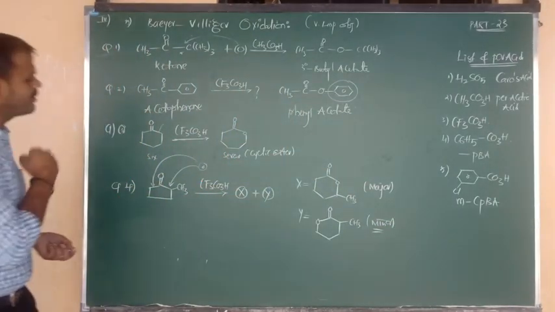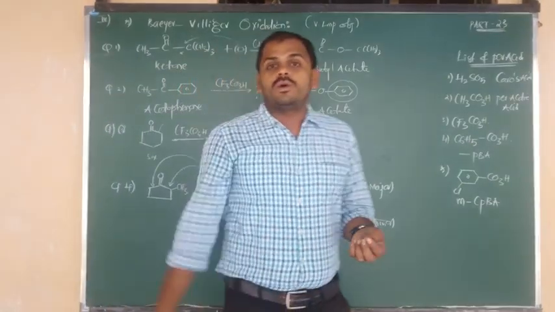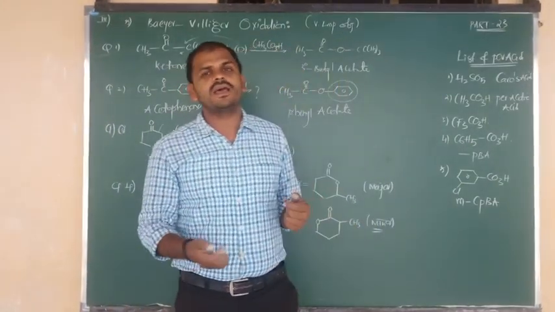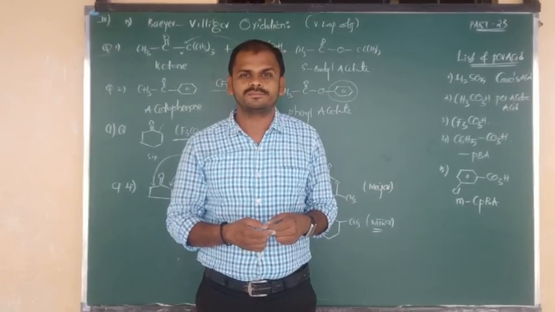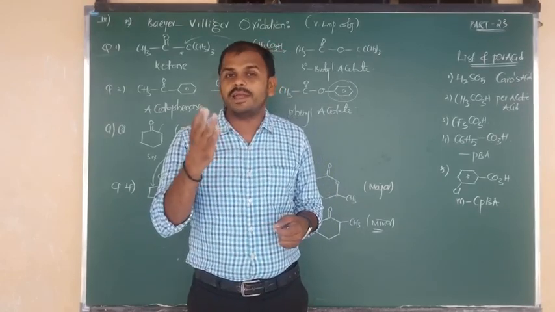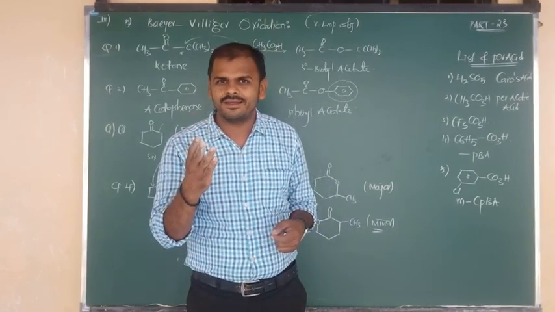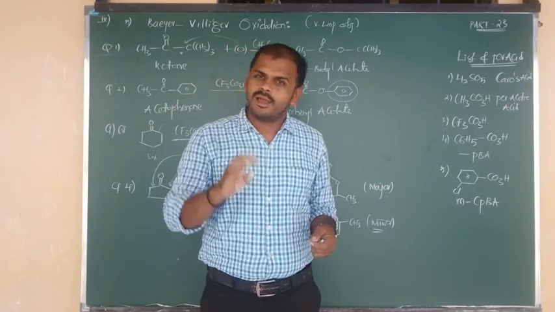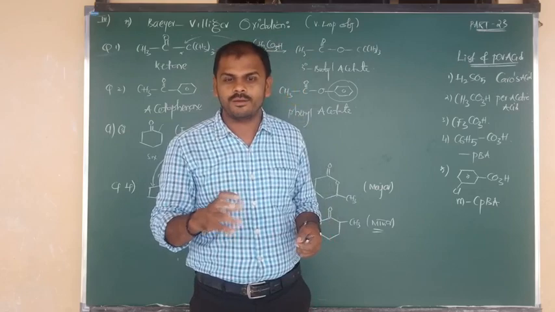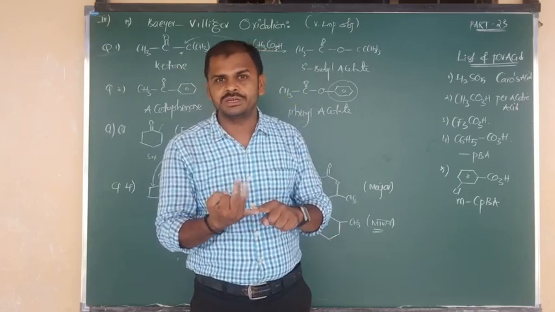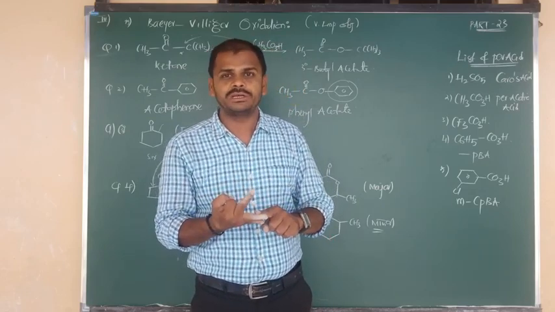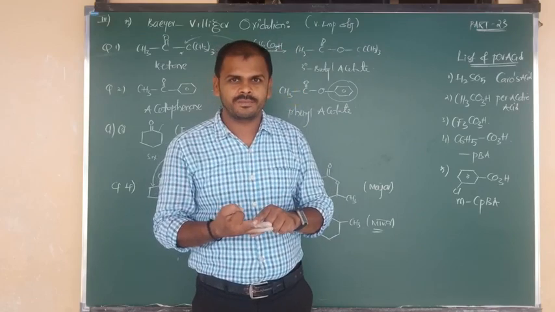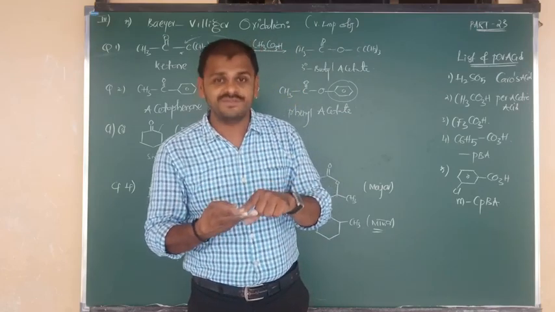Okay? Good. So in the next class we are going to discuss another three types of oxidation reactions. They are very important for the theory exam. Already I have given some introduction about them. One is Tollens reagent, Fehling's reagent, Benedict reagent, and one more is Schiff's reagent.